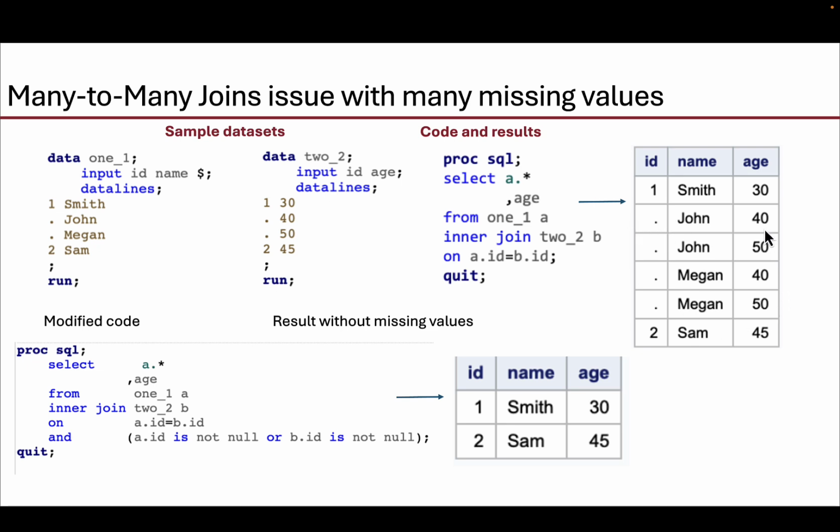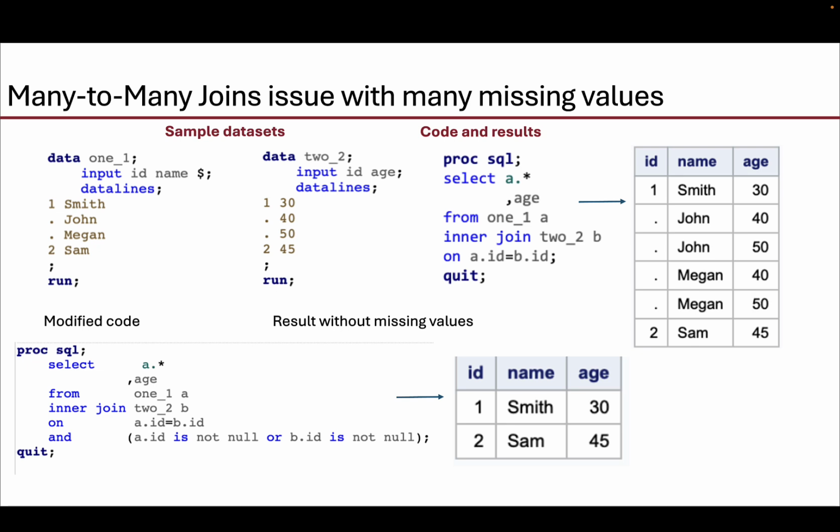This kind of result often makes the data set large and also the result becomes very confusing. This missing John is equivalent to this missing 40 and this missing John is equal to missing 50. That is what we have seen here. The same is the case with missing Megan. So we have many rows and we cannot even understand what these rows mean.